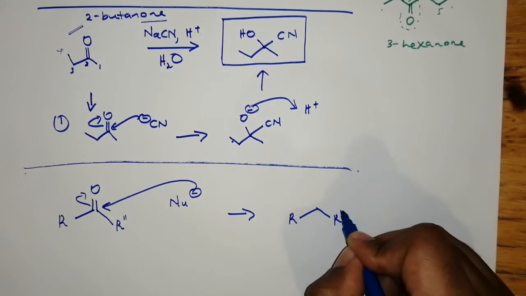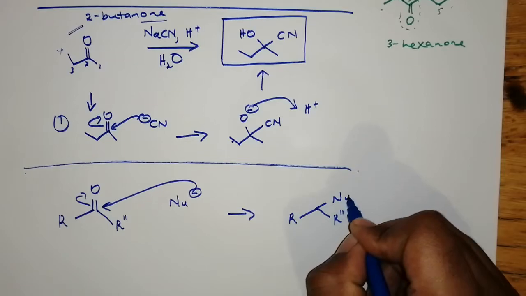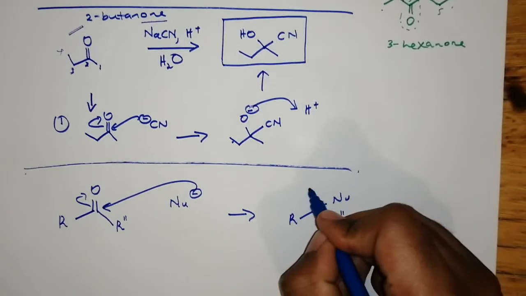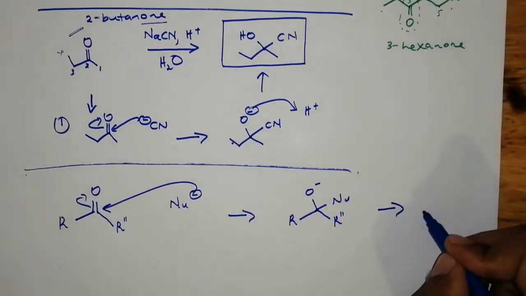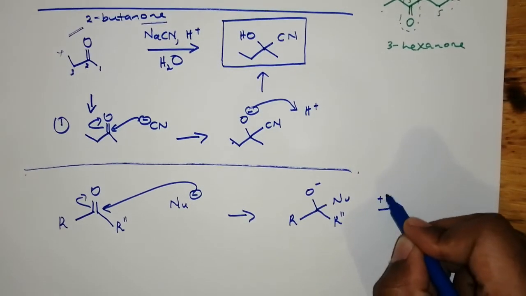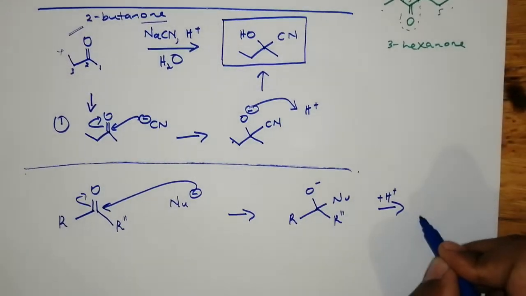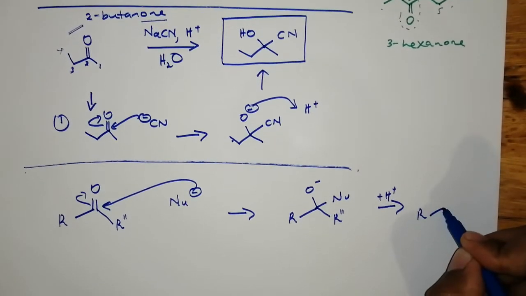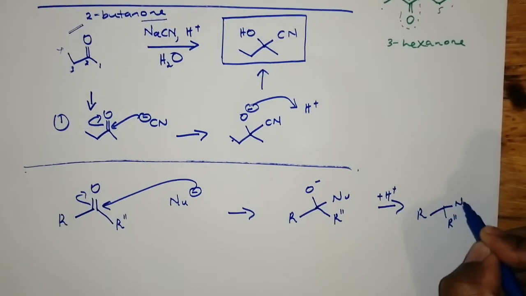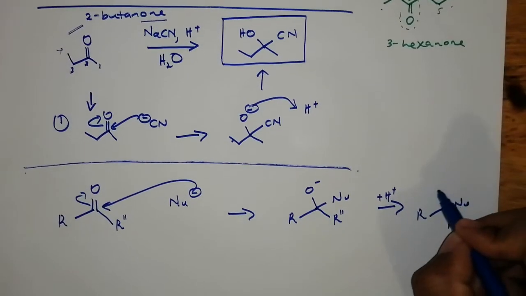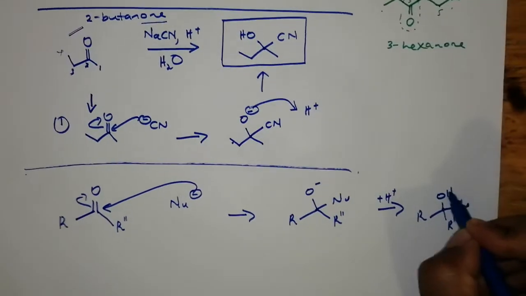We had this, and this is our nucleophile, and then O minus. Then eventually protonation happens, and then we had this. I want us to appreciate something about these separate steps.